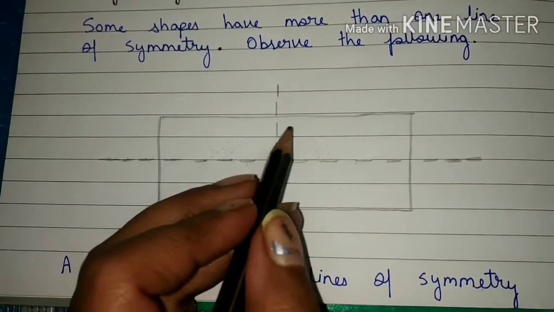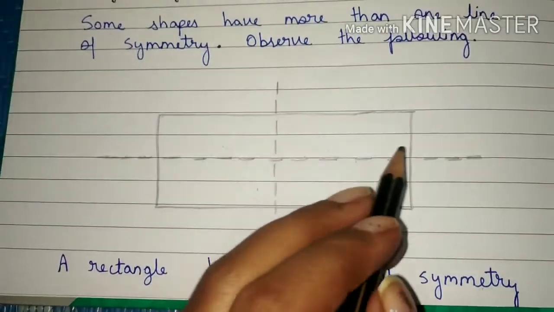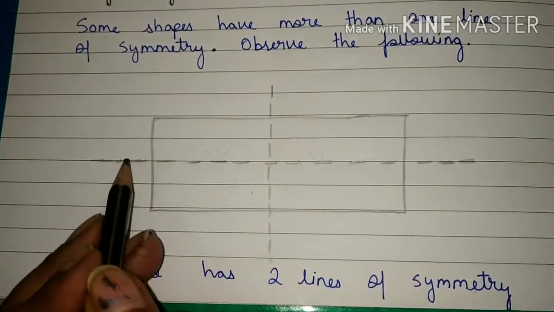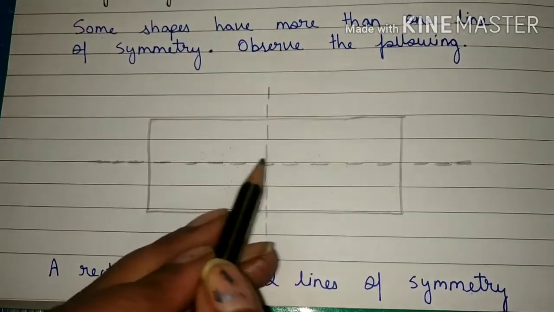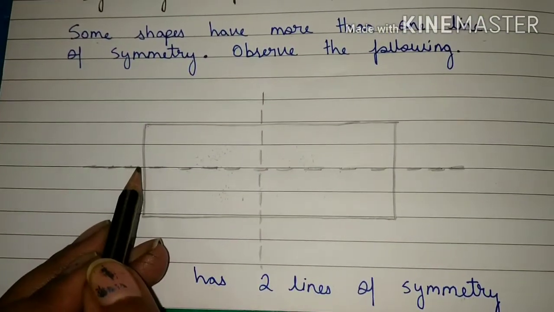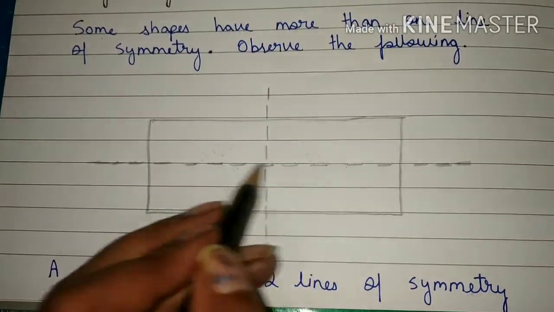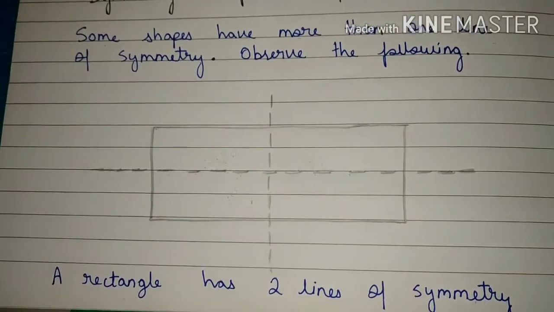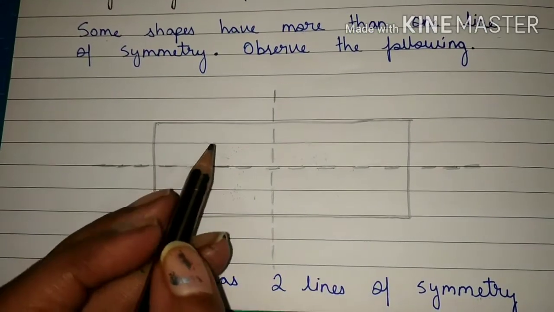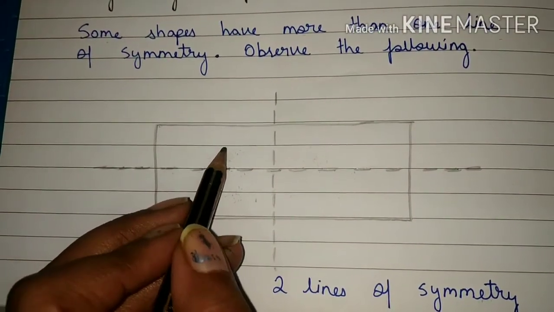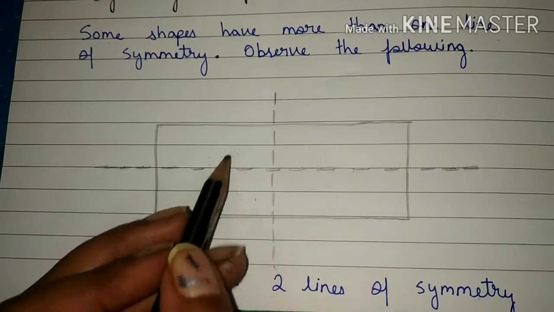Students, now ignore this line and draw a line like this. Draw a horizontal line like this. After that, fold the figure along that line. Students, you will notice that these two parts are overlapping each other.